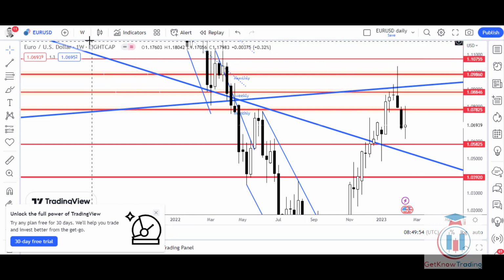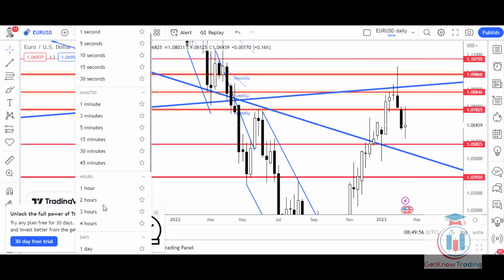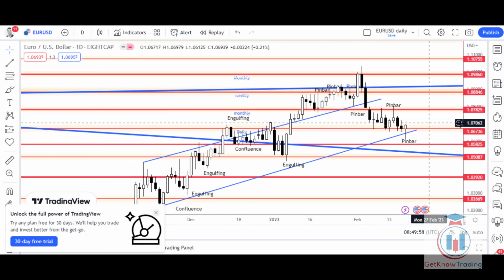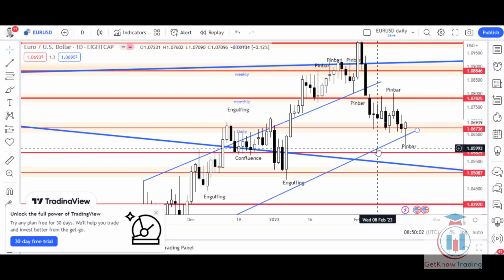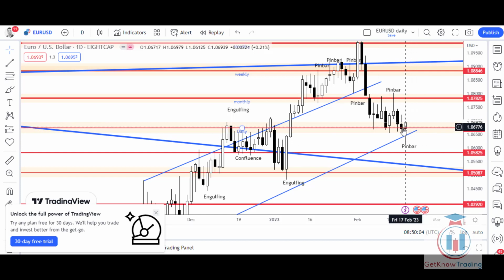So if we go to the daily time frame, we can see a much better picture, because currently we have here a bullish pin bar, which is right here on the support, which is a confluence of support, and the price is indicating to us that the price will continue to move up.